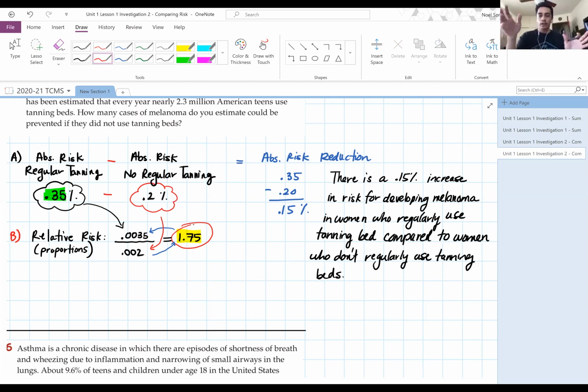So if I do tan using a tanning bed, I am blank times more likely to develop melanoma than a woman who does not regularly tan, right? And that's where that number fits in. So the relative risk number is telling you how many times more likely you are to develop something as a result of using a tanning bed or not. Does that make sense?